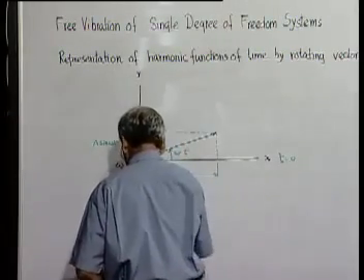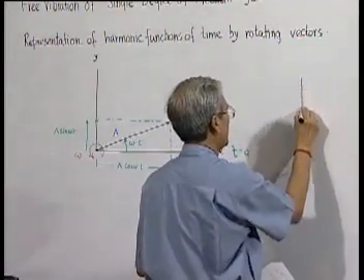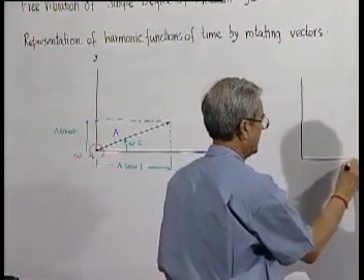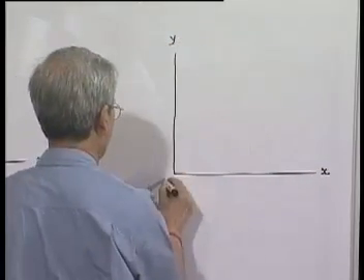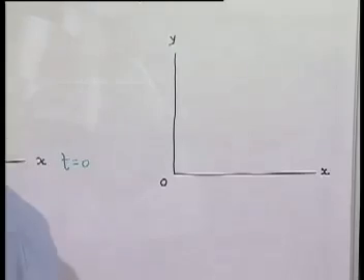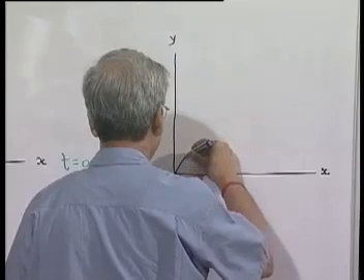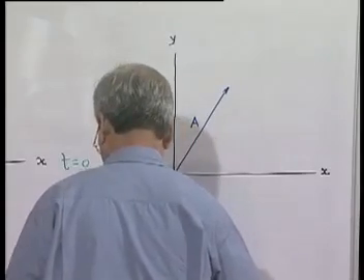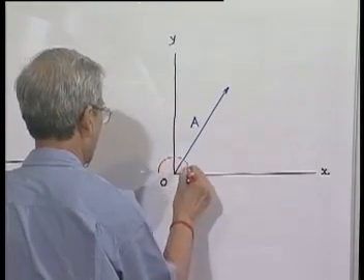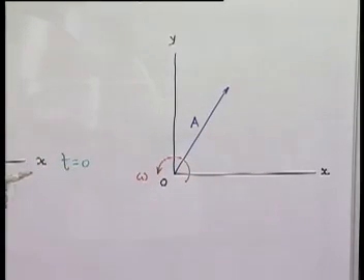So, let us consider that this be the vector of magnitude A and rotating at a constant angular speed of omega.